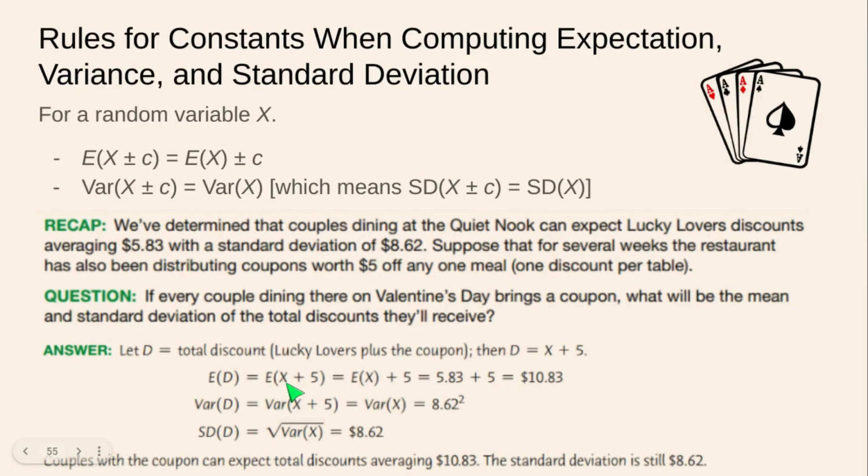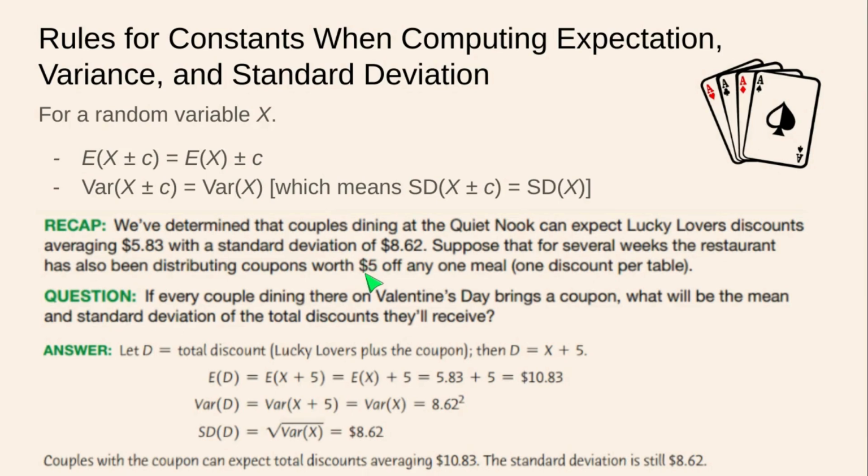So that's equal to the expectation of my Lucky Lovers discount plus $5, which is $5.83 we expect from the Lucky Lovers discount, plus $5 is $10.83. So we can expect on average to be saving $10.83 per table for the Lucky Lovers discount plus this coupon worth $5 off any one meal.